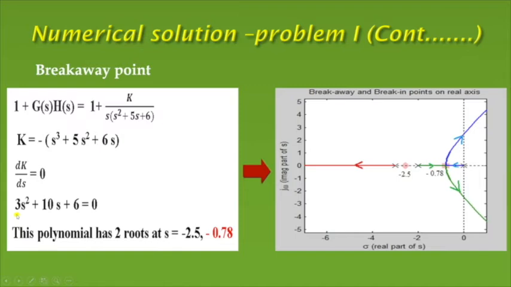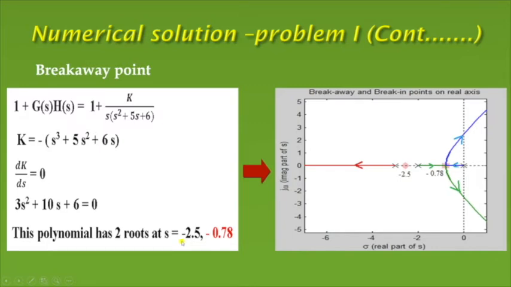The final equation is 3s square plus 10s plus 6 equal to 0. The power is 2, that means there are two roots of this equation. So one root is minus 2.5, another is minus 0.78. Not all these roots are on the locus.